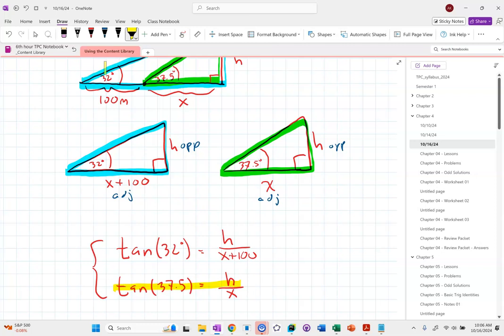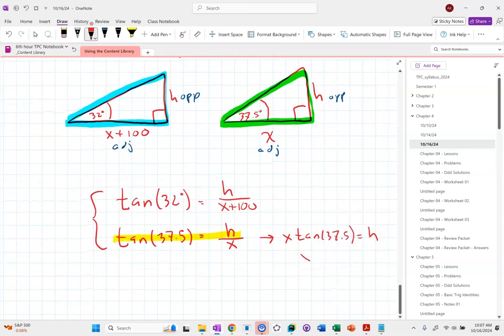Is everybody okay with that plan? So I'll multiply both sides by X, and then divide both sides by tan 37.5.